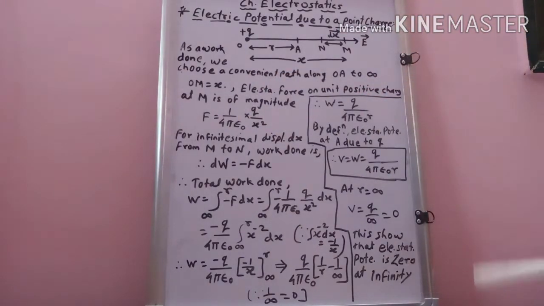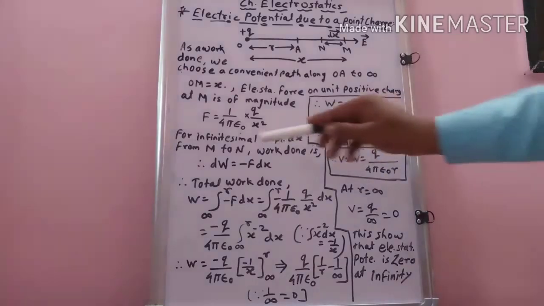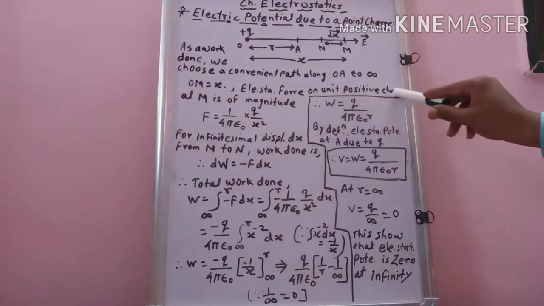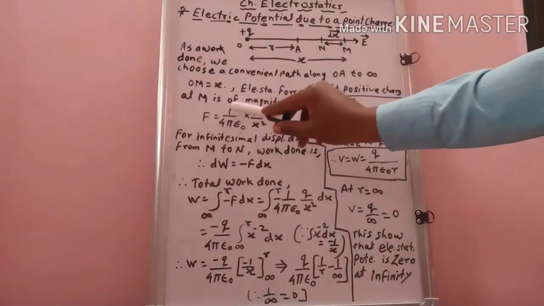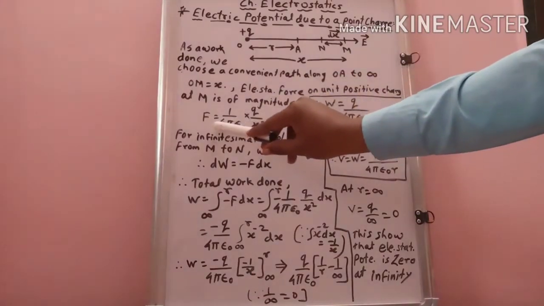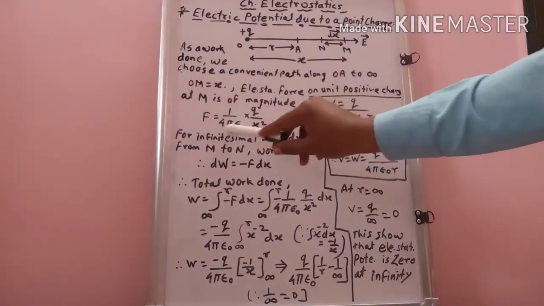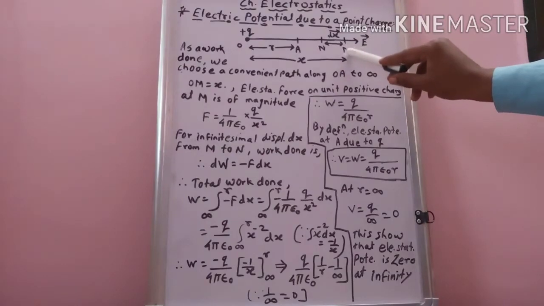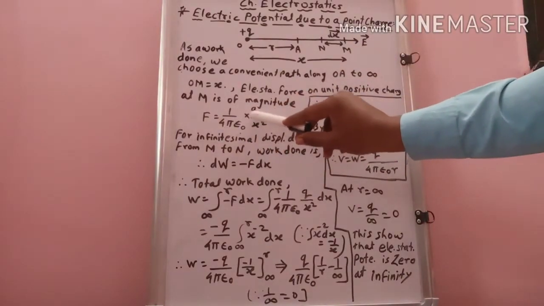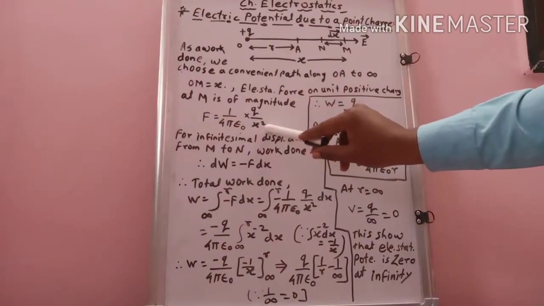The electrostatic force on a unit positive charge at M is of magnitude F equal to 1 upon 4 pi epsilon naught Q upon x square.